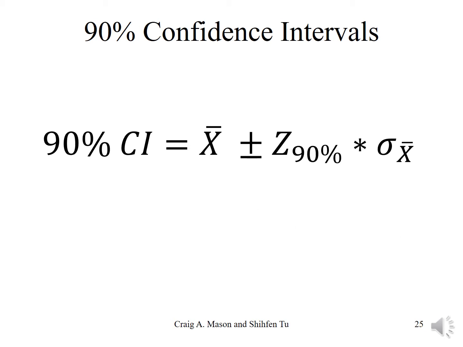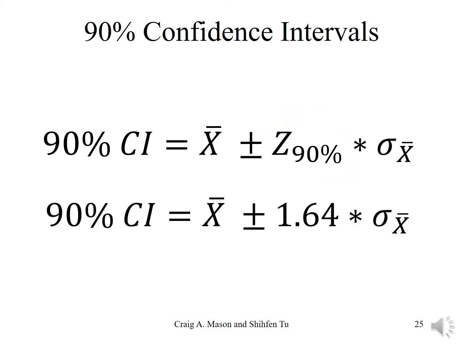And the 90% confidence interval is just the sample mean plus and minus the z-score that bounds 90% of the normal distribution times the standard error of the mean, or x bar plus and minus 1.64 times the standard error.